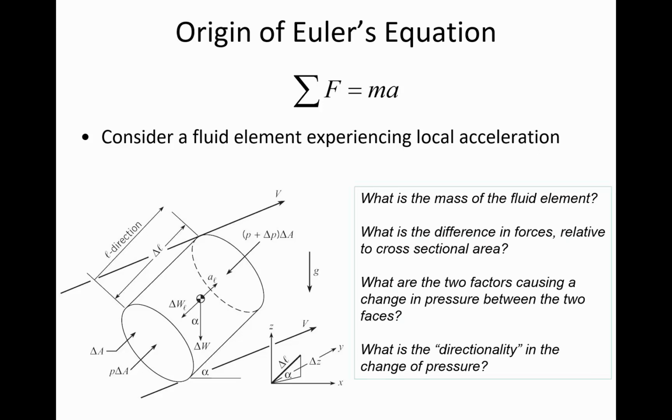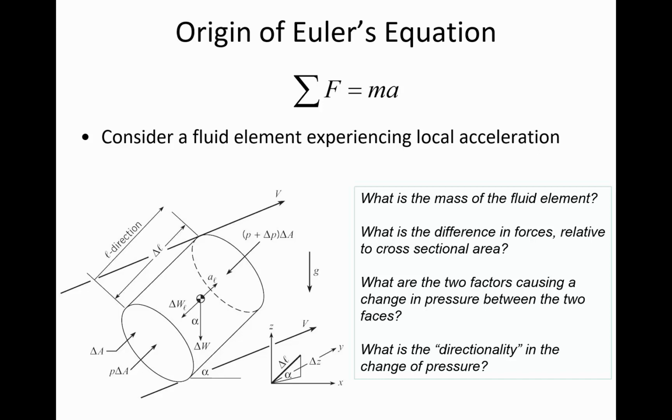And so the sorts of questions that we'd ask, if we were going to do a force balance, is we'd want to know what's the mass of the fluid element and how do the pressure forces change on the front of the cylinder compared to the back of the cylinder. And what are the factors that cause the pressure change?